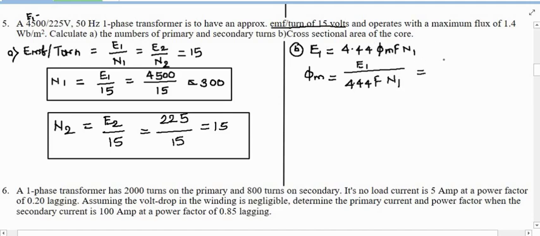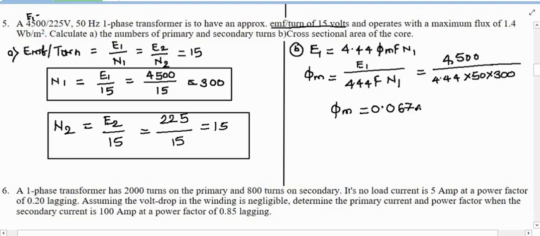So I can find out phi m now. So 4500 divided by 4.44 into 50 into 300, right? So I will get phi m equals 0.0676 Weber. You can stop the video in between and check whether you are getting the same answers or not.